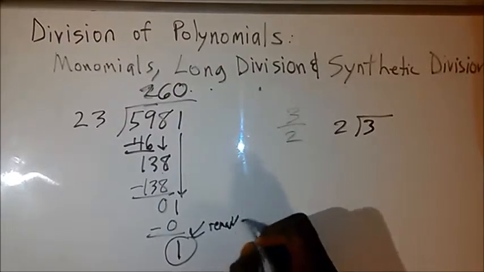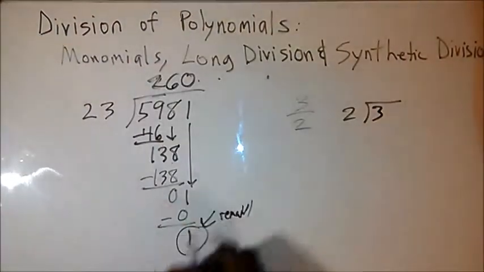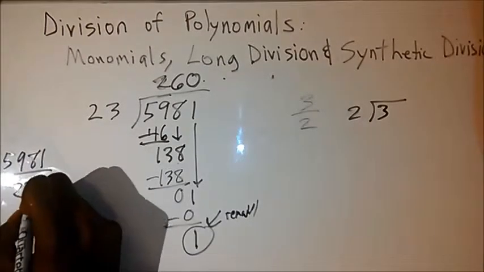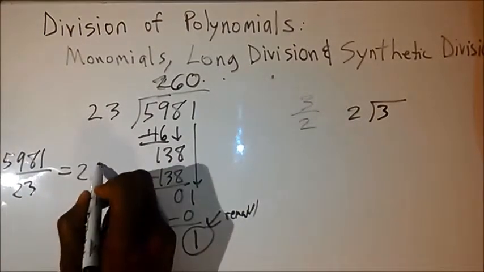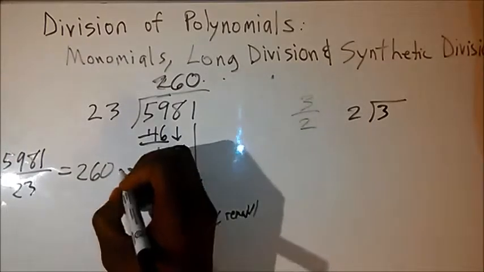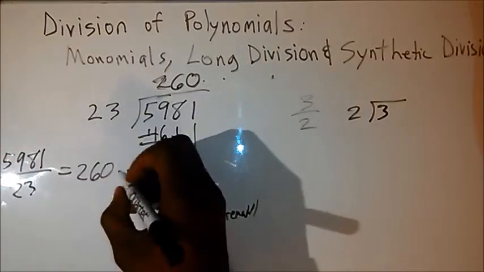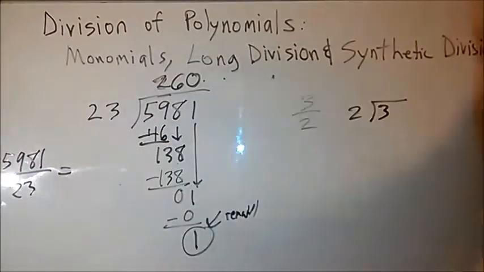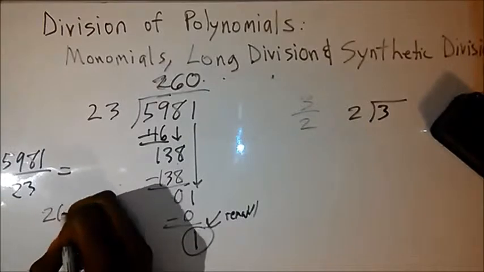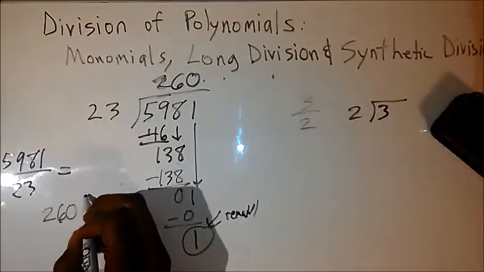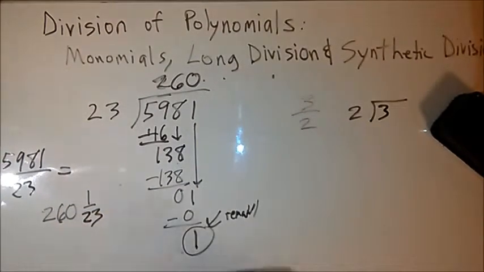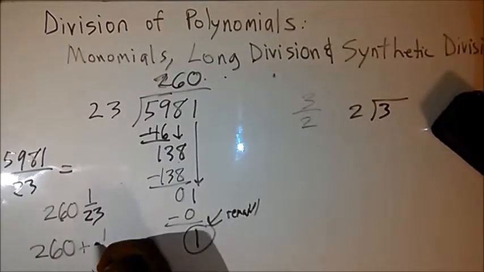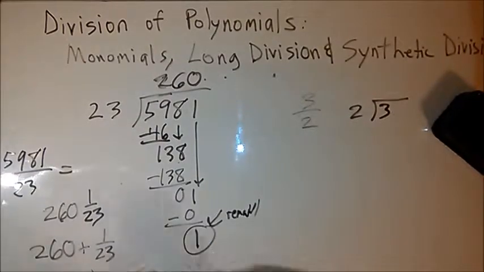And we express our answer: 5981 divided by 23 can be expressed as 260 and 1 over 23. In this case, you can also express it this way: 260 plus 1 over 23.